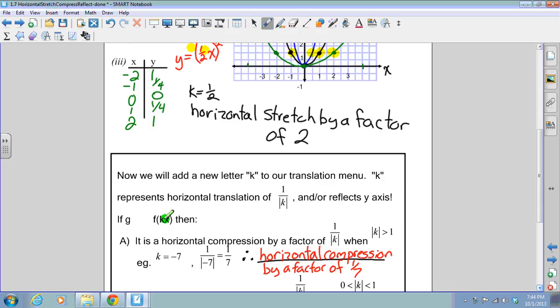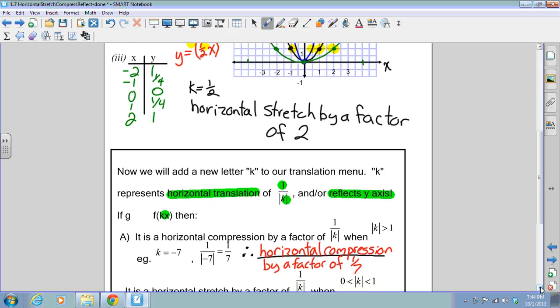Okay, so it's always going to be inside the brackets, just like the numerical coefficient of x, basically, ladies and gentlemen. But what we need to do is remember, when we're representing the horizontal translations, okay, it becomes 1 over the absolute value of k. Remember, it also can reflect the y-axis if it is negative. Okay, so let's take a look at some examples here. Example A.